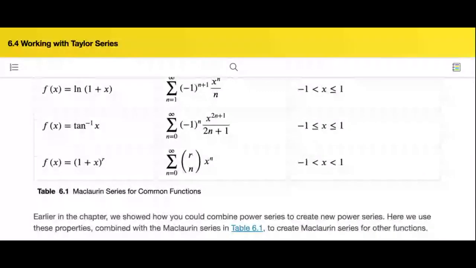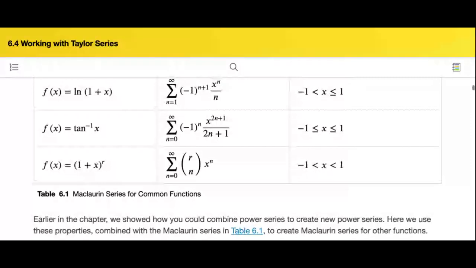Lastly, 1 plus x raised to r. We have the binomial coefficient, the nth derivative at 0 divided by n factorial, times x raised to n. Also, the interval of convergence is from -1 to 1.